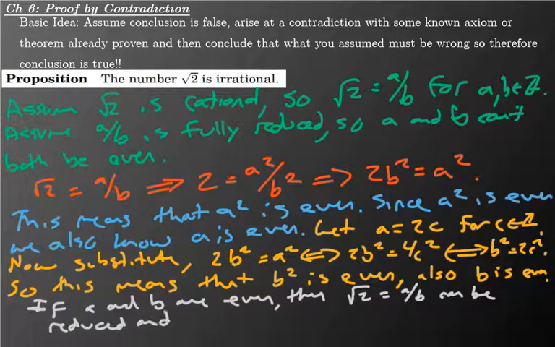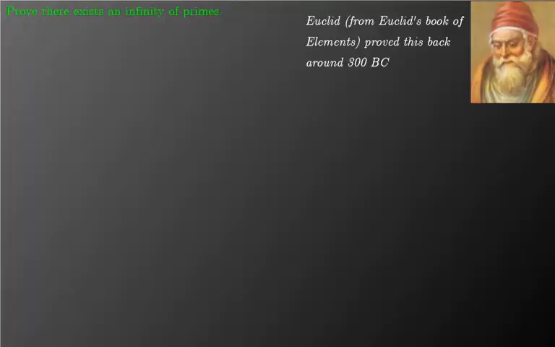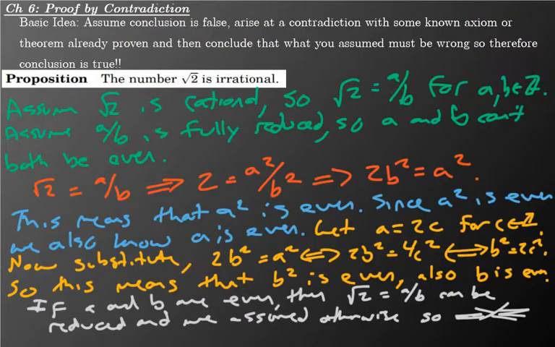And we assumed otherwise, so we have a contradiction. A lot of times we draw this double arrow, with two arrows pointing at each other, because there's some sort of issue there.